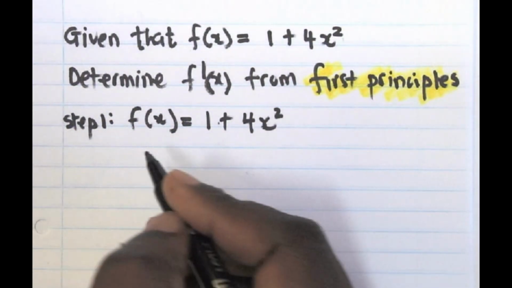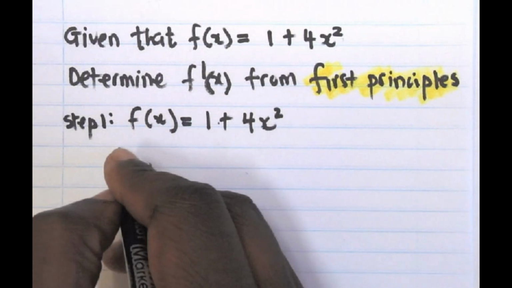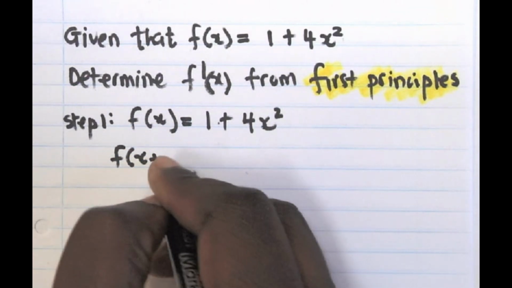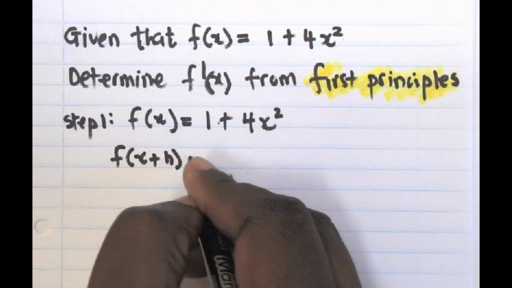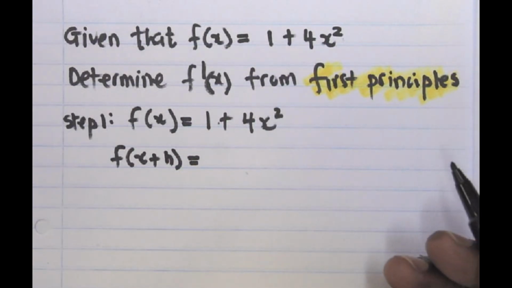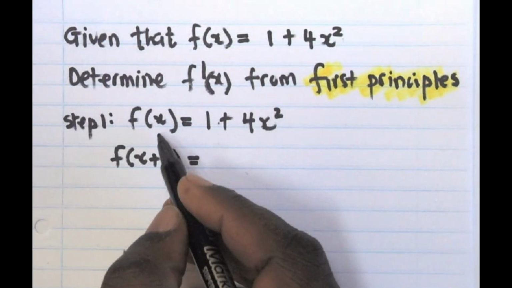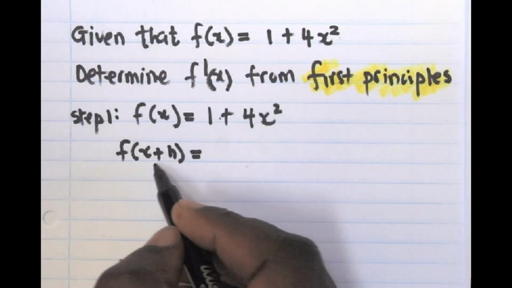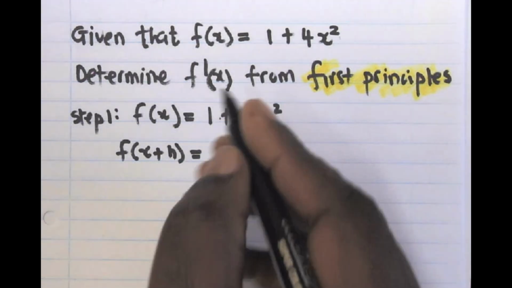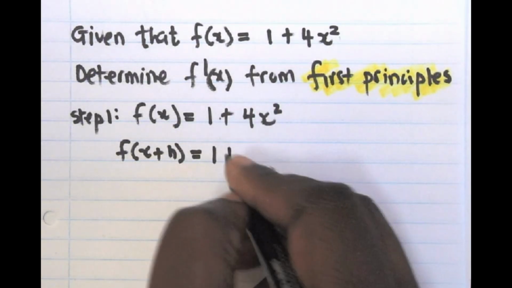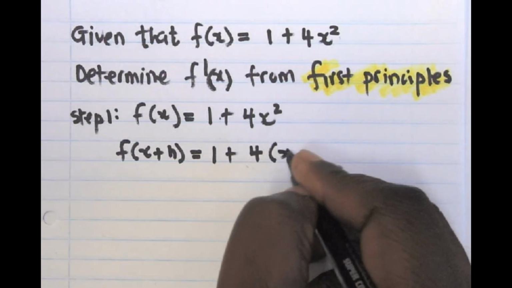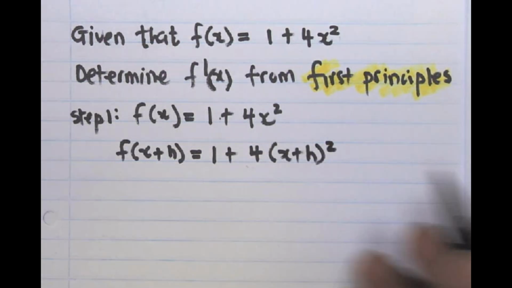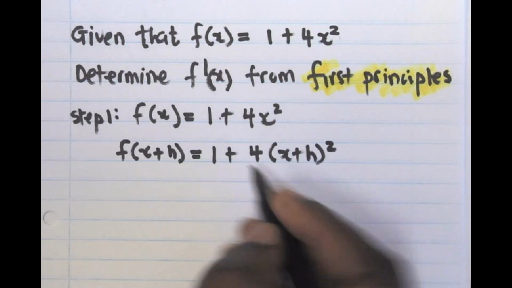But if I look at the formula sheet there, I also have this component here, f of x plus h. What does this mean? It means that wherever there is x, I must substitute x plus h. So 1 plus 4, open bracket, x plus h all squared. Right, then I simplify this.